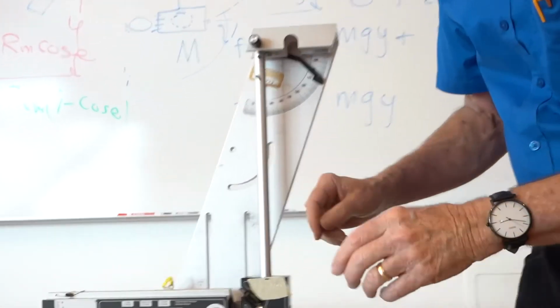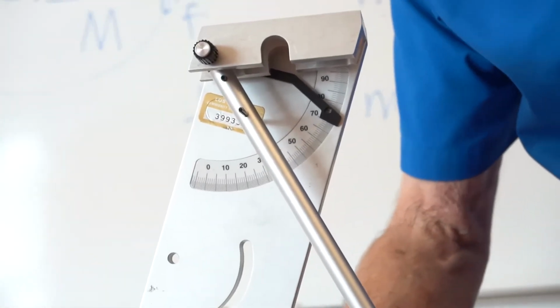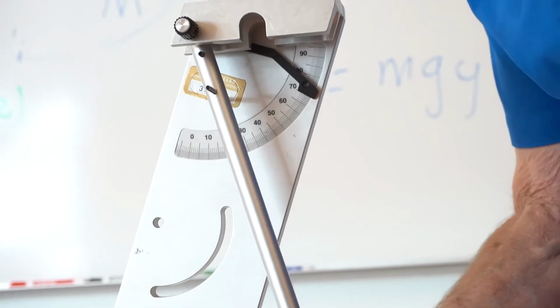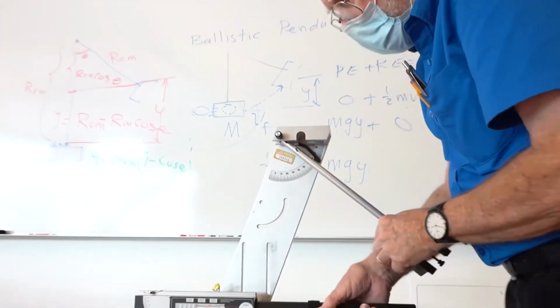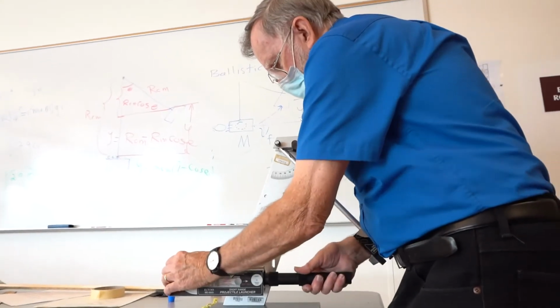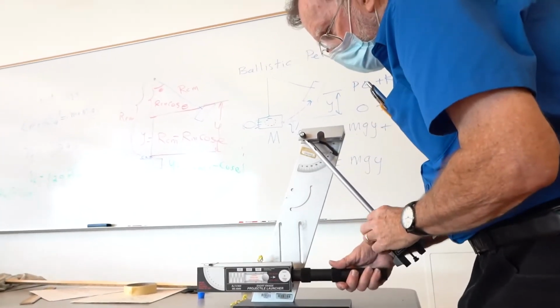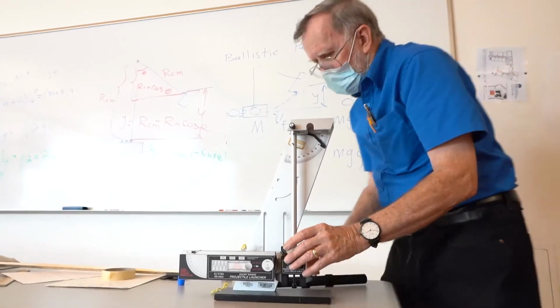We're just shooting it a few times, getting the feeling for it. About 68 degrees. Let's see if it's consistent if we shoot it a couple of times. If we get the same result.